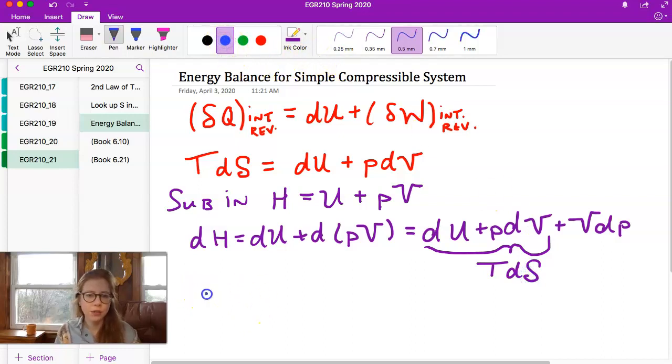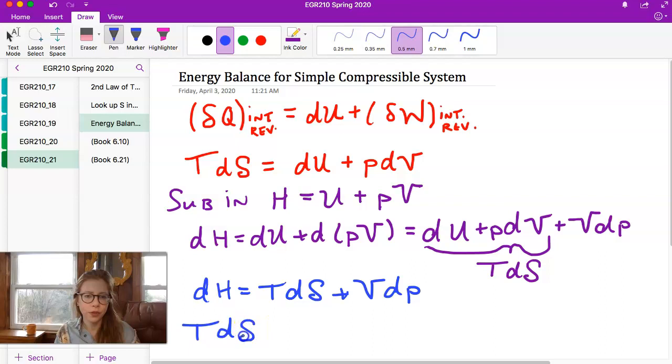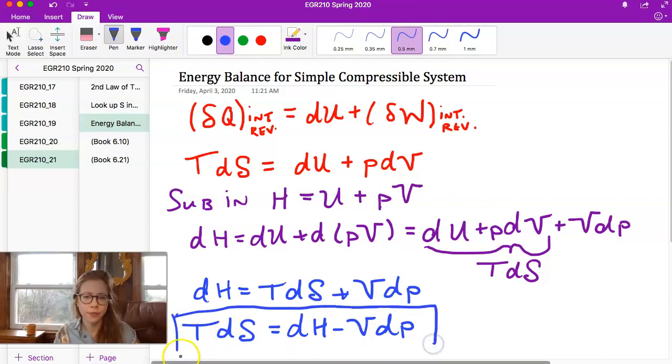So dH is going to equal T dS plus V dP. So T dS is going to equal dH minus V dP for a simple compressible system. And we are going to use this relation in the next couple of exercises.